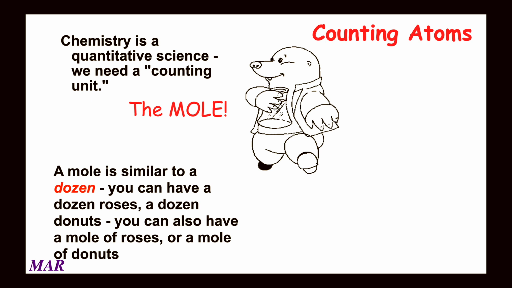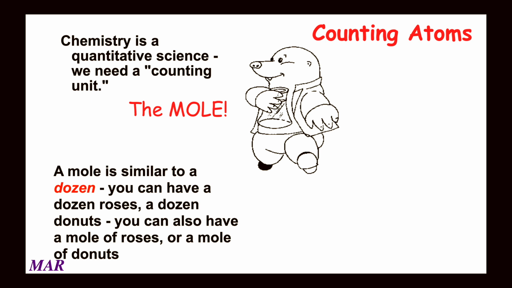The mole is kind of like that, but instead of a number like 12, which is manageable, the number is really, really big. We'll talk about that in a little bit. So you could say to your significant other, I'm going to buy you a mole of roses, but oh man, you'll see how many roses that is.